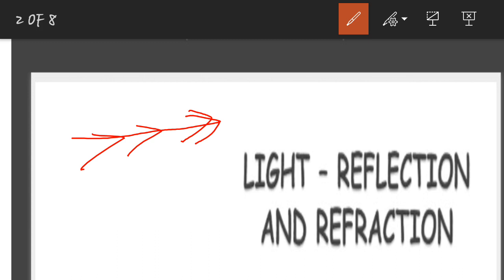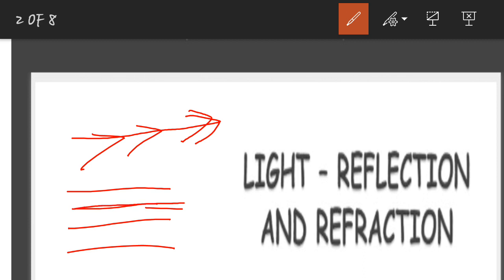So for a single ray we can write like this, and then we have a bundle of rays. A bundle of rays means a beam of light. A beam of light is nothing but, suppose we have many light rays emitted by a source, all moving in the same direction. Then we call this a beam of light.